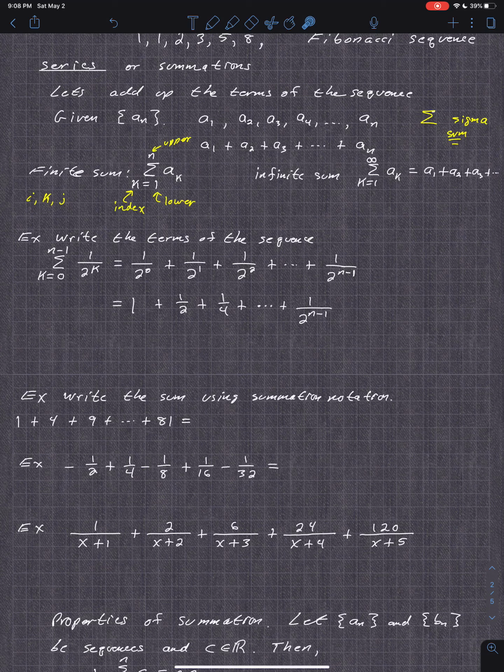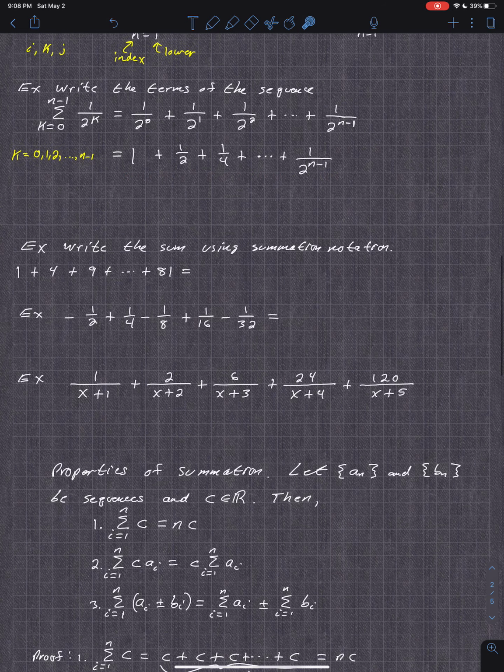So your terms then, your k is 0, 1, 2, all the way to n minus 1. Okay, so that's what you're going to substitute into the sequence. So you just substitute those in, plug them in, and evaluate. And then you get your sequence.